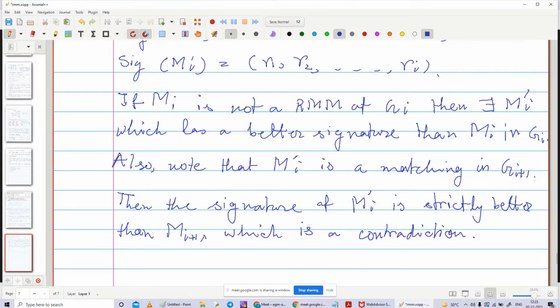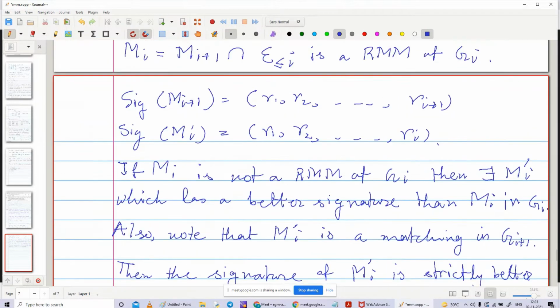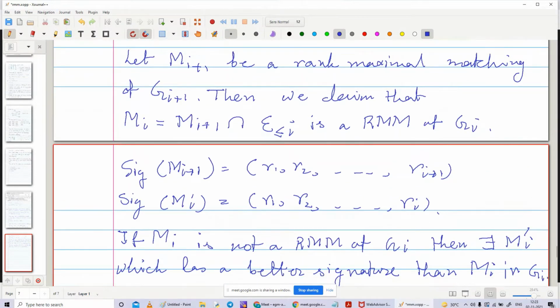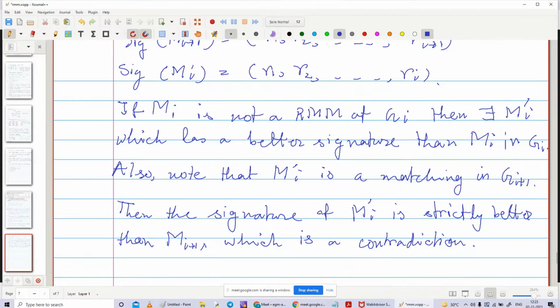Is it clear why Mi is a rank maximal matching of Gi? If it is not, then we have a matching M prime i which has a better signature than Mi. If its signature is s1 s2 ... si, then there exists some sj strictly better than rj.